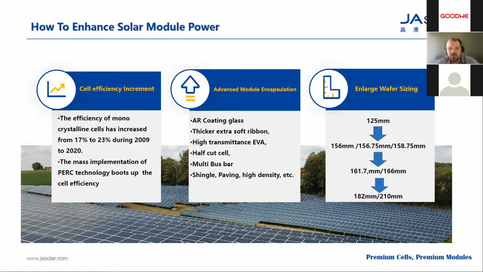And further increases are bound to happen as technology increases in the future. The cell size was about 125 millimeters, which has increased drastically over the years to mainstream at the moment, which is 166 millimeters, 182 millimeters, and then for the larger power classes, say 550 watts upwards, 210 millimeters.